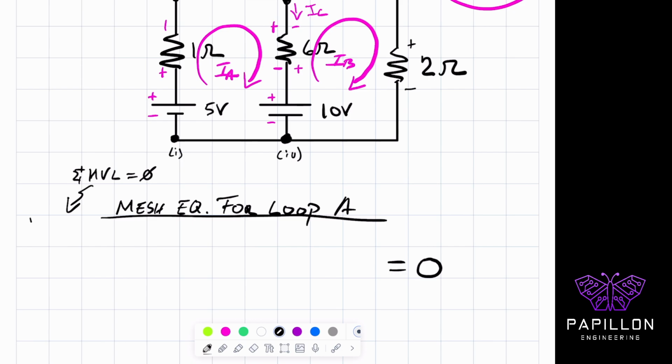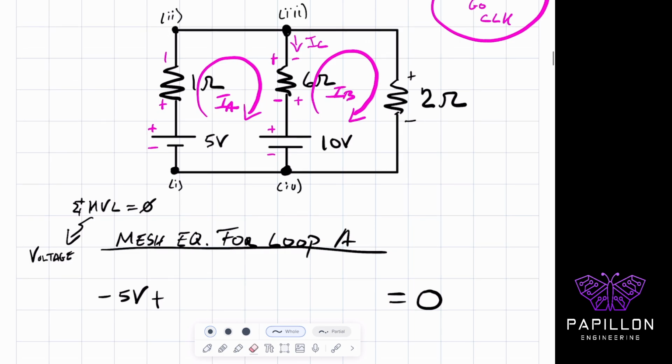KVL stands for Kirchhoff's voltage law, and I'm summing up all the voltages. The first voltage that I see is minus 5 volts. Then I'm going to add it to my second voltage, which is the next component that I see, the 1 ohm resistor.